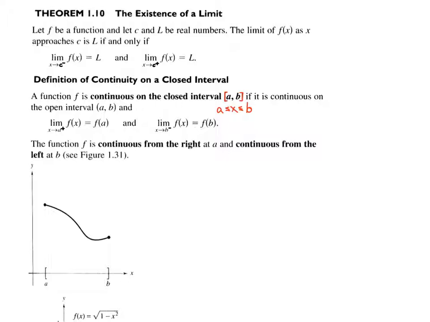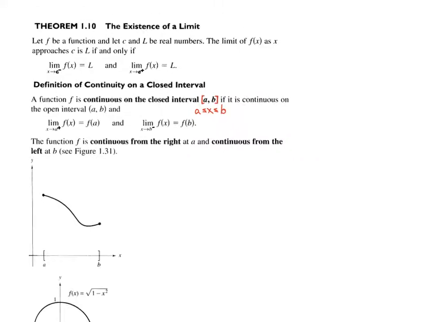Now obviously we wouldn't say it's continuous through a because there's nothing on the other side. Okay, but we can say it's continuous from the right at a. And then same thing with b on the right hand side, it's going to be continuous from the left at b. Okay? So a little bit of a distinction here, but that's continuity on a closed interval.